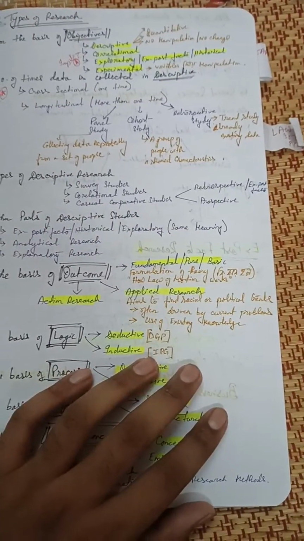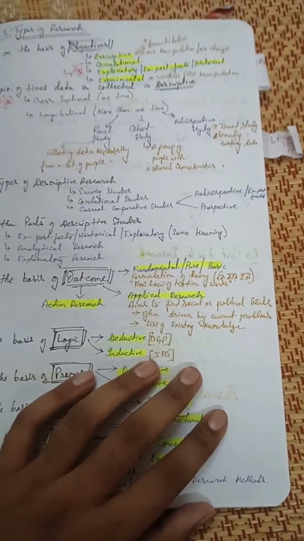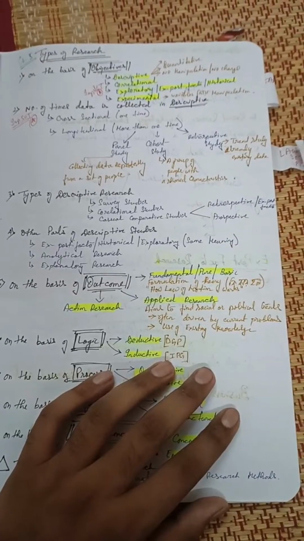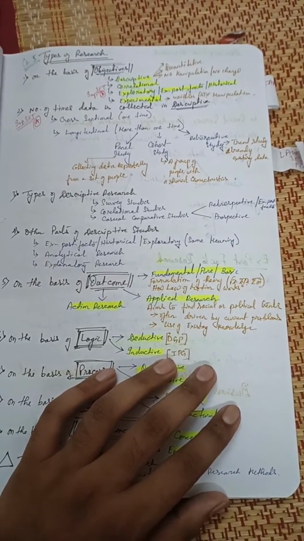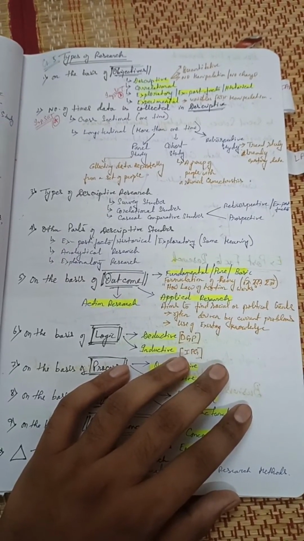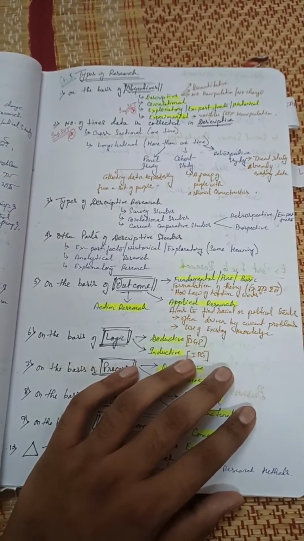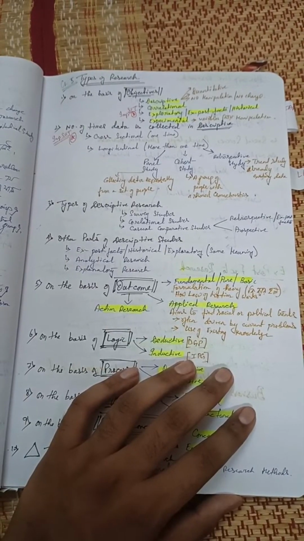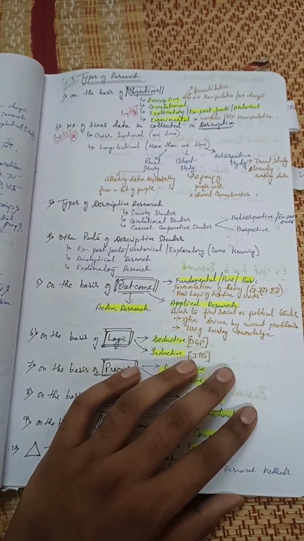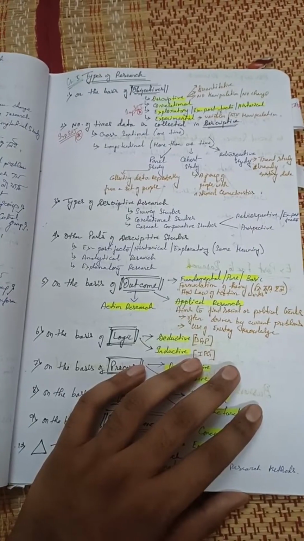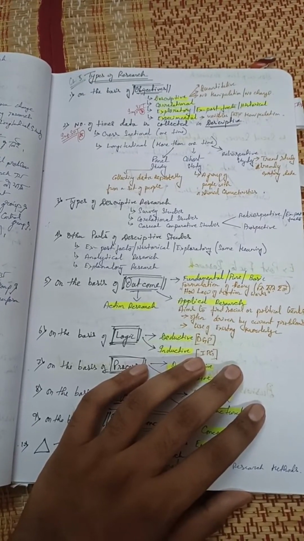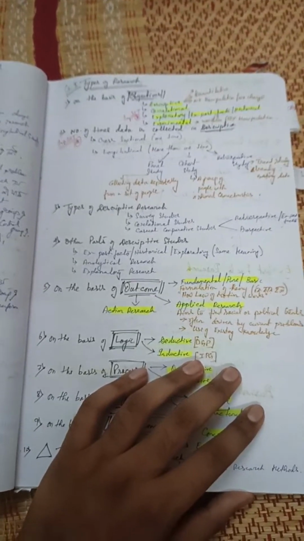On the basis of outcome, research can be divided into fundamental, pure or basic. Formulation of theory, how theory emerged, comes under fundamental research. It can be any existing theory, as discussed in the previous class while discussing the paradigms of research, the positivist and the post-positivist. Karl Popper said that every theory is true until it is falsified.